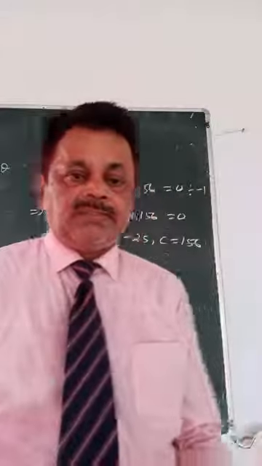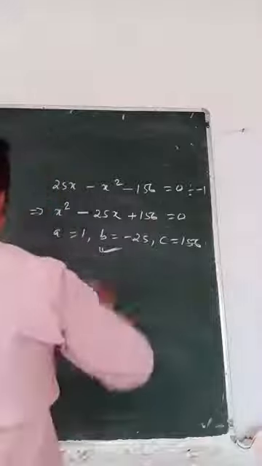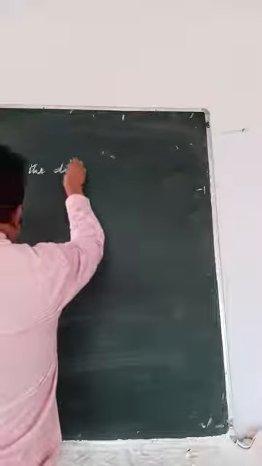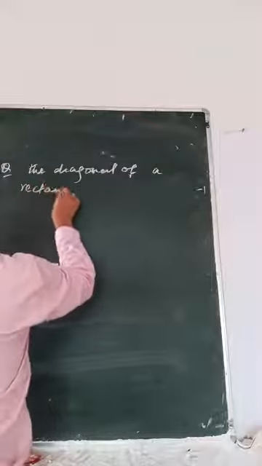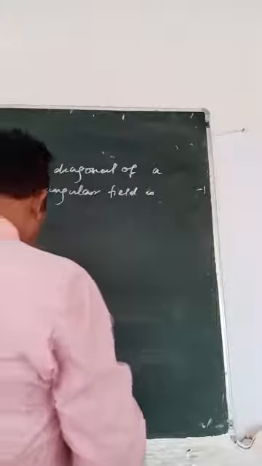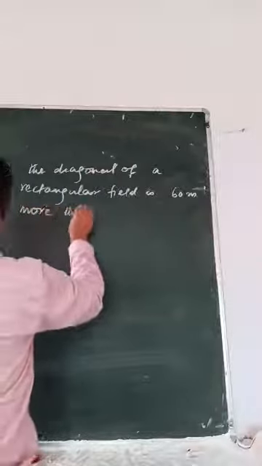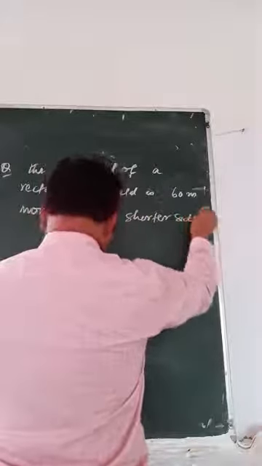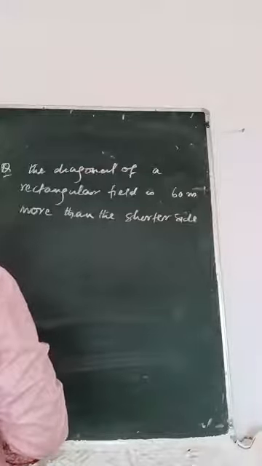Suppose you get one more question on this. The diagonal of a rectangular field is 60 meters more than the shorter side.